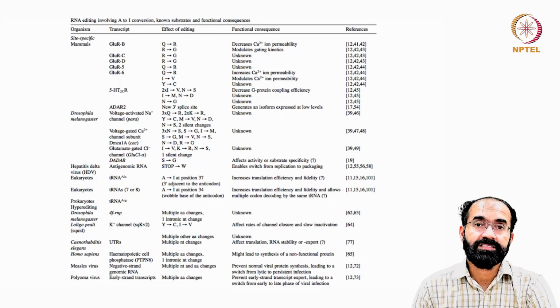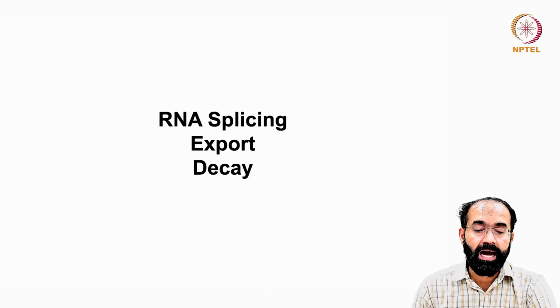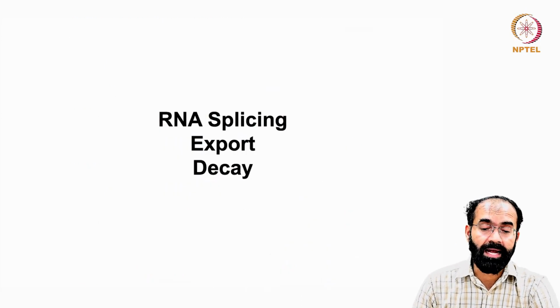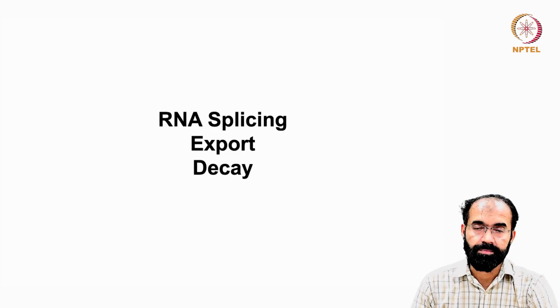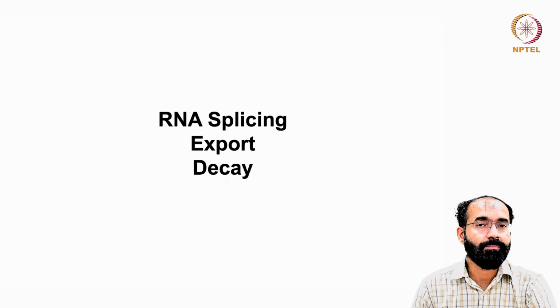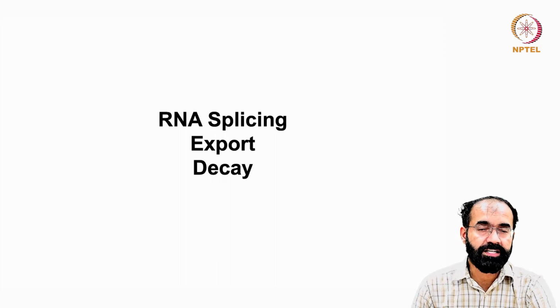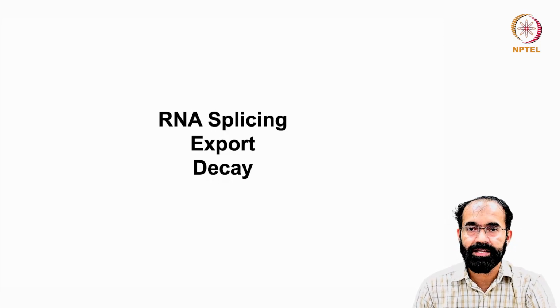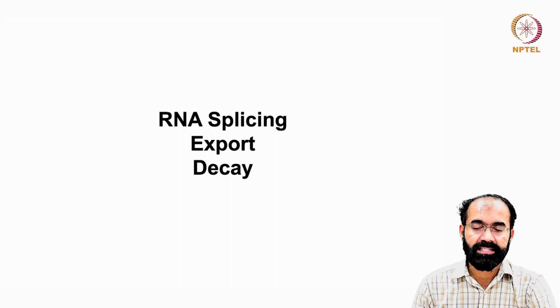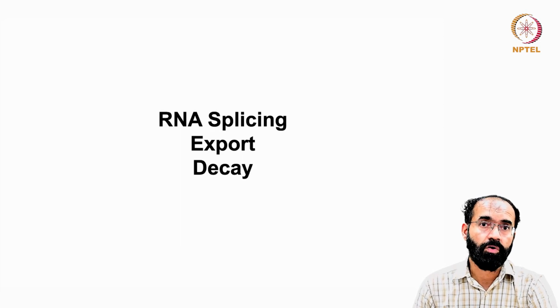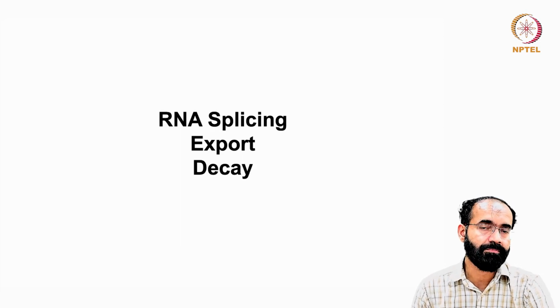Now we can understand more in detail about RNA splicing, RNA export and RNA decay, because this is also part of this section. In this section we may get into some topics which we may have already covered a little bit, but touching upon them is necessary so that you can recap, and it also brings in the context and relevance of the topic being introduced.